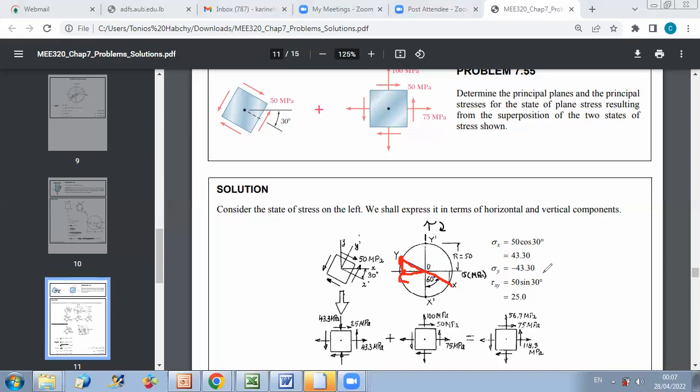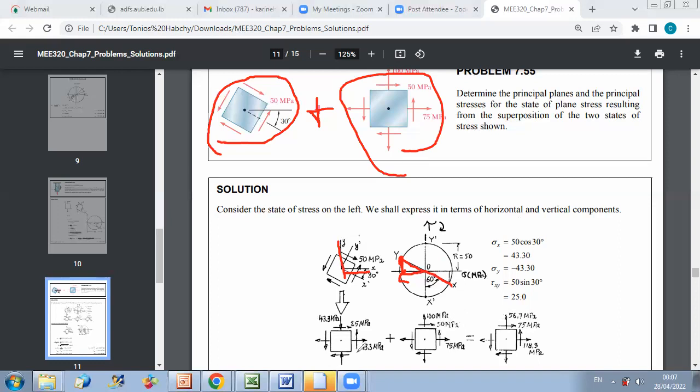Now, once you determine the state of stress in x and y corresponding to this state of stress, now you can add it. You just have to do superposition with this case, because now you have application of the state of stress along same axis, along x and y. So now when you apply both loading on the element, the net effect in x and y will be the superposition.